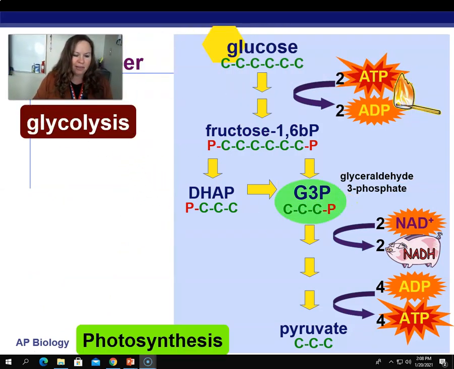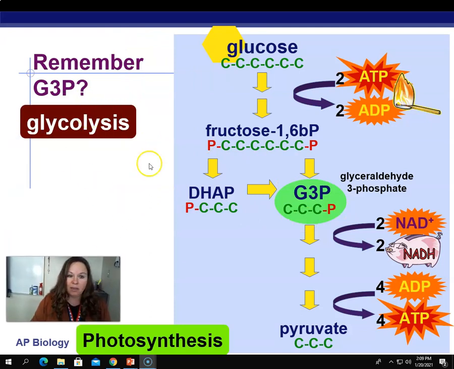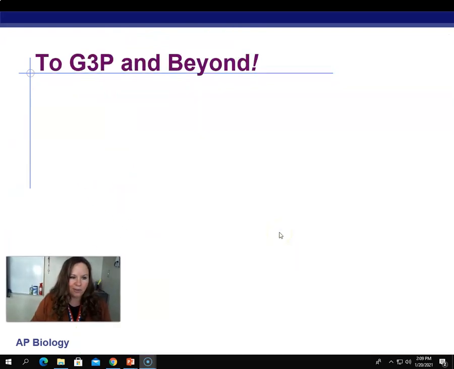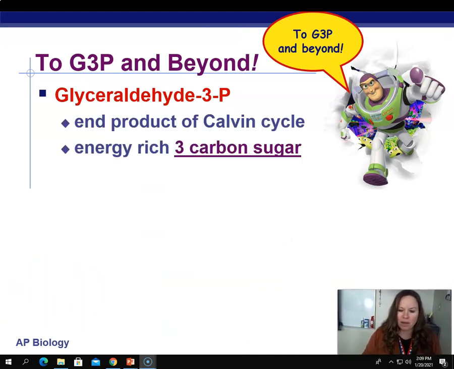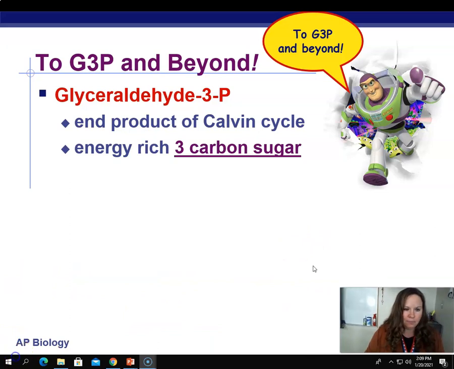G3P actually is a molecule that showed up in glycolysis, if you were wondering. So to G3P and beyond. So we've seen G3P before because that was in glycolysis. It's also in the Calvin cycle. So it's our end product of the Calvin cycle. I know we usually say glucose, but it's actually G3P.